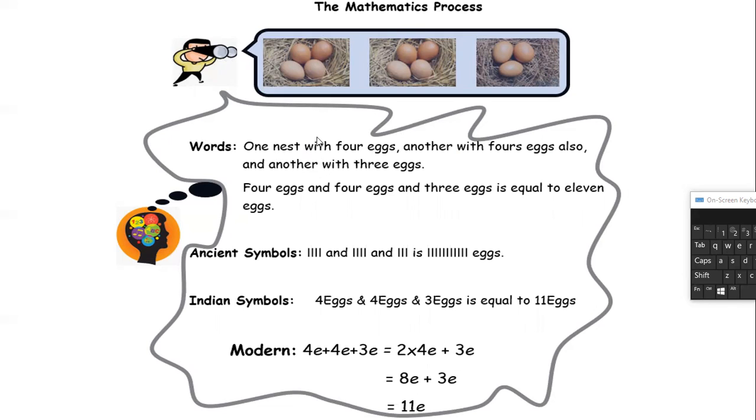Words like nest, 4, eggs, 3. So these words will pop up in your mind based on the language that you speak. This is English, so these are the words. If you're a French person, same thing, but different words for that same image. Japanese, different words for that same image. Then you have 4 eggs and 4 eggs and 3 eggs is equal to 11 eggs.